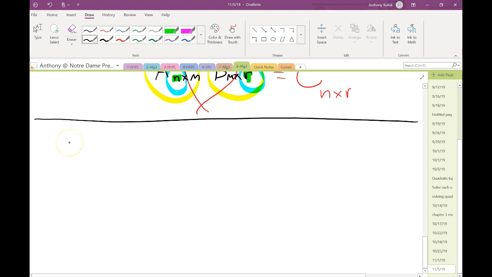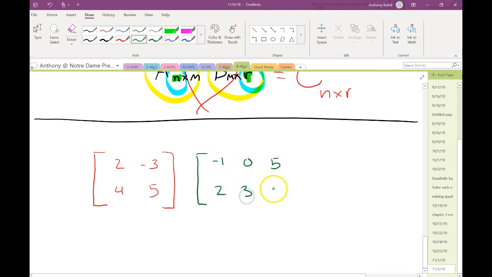All right, so let's look at a numeric example here. I'm going to color code this, I think it helps initially, but eventually I'm going to stop color coding these things, just FYI. Okay.